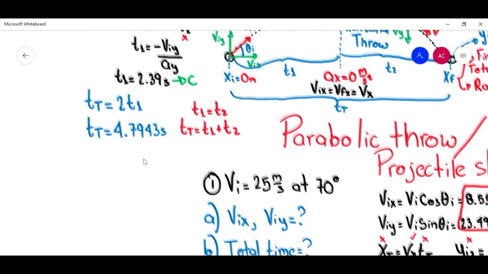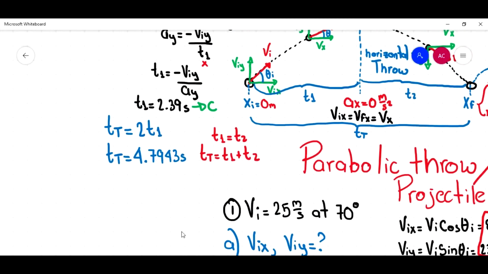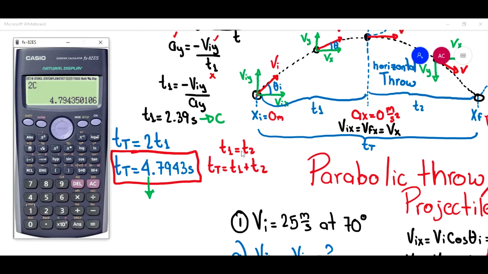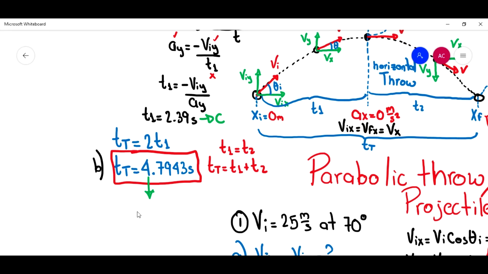And this is letter B. I'm going to circle it with red, and I'm going to say that this is going to be in memory D, Shift STO D, because I'm pretty sure I'm going to need it.